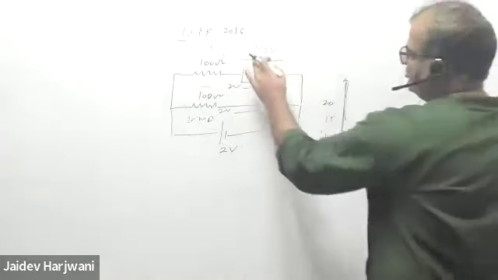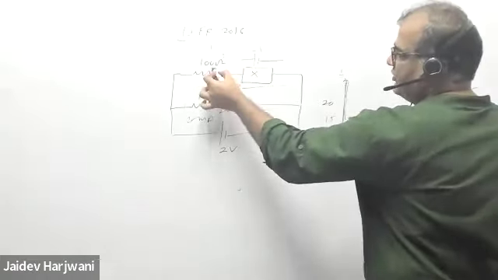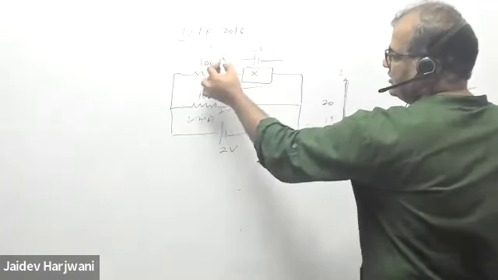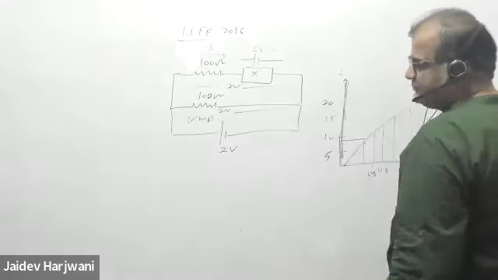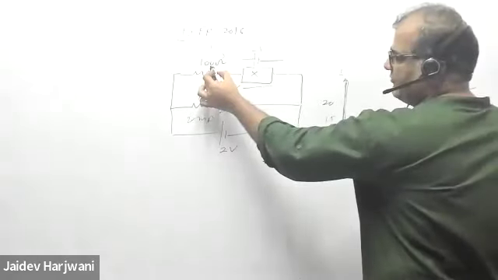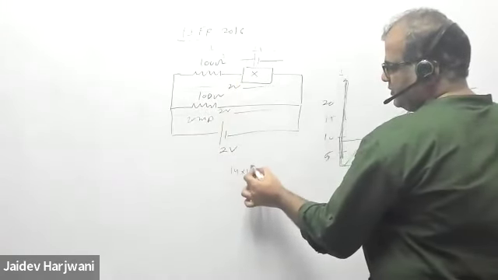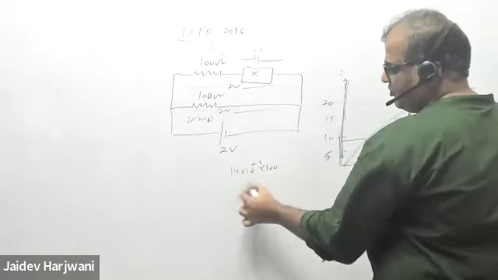14. So if I say this 1 volt and 14 milliampere current is flowing here, then here voltage becomes 1.4 volt. Yes or no? If I say 14 milliampere current flowing here, so 14 milliampere into 100, this becomes 1.4 volt.